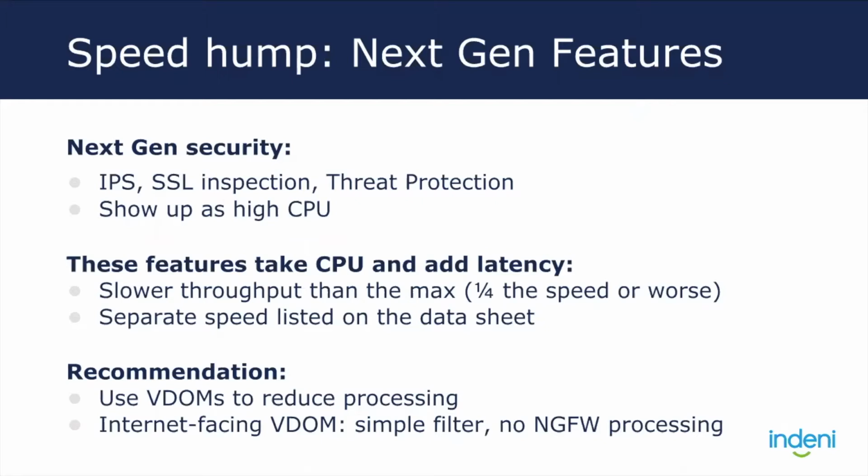If you've taken a look at a data sheet for Fortinet, then what you've probably noticed is it tells you the firewall speed in terms of however many gigabits per second, like 100 gigabits per second. But then it goes through and has a number of other speeds, including what's the IPS speed, what's the SSL inspection speed, what's the next gen firewall speed, etc.